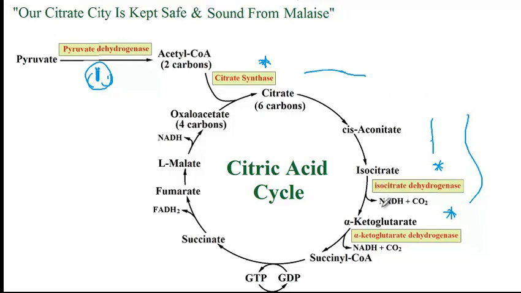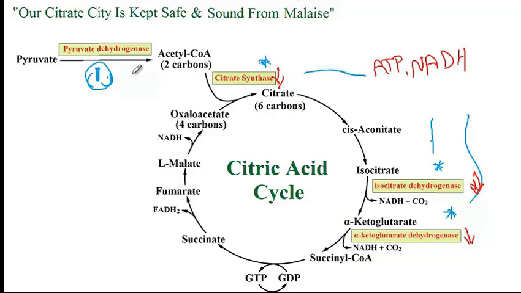But if we have a high concentration of the products of the citric acid cycle, then this cycle needs to be inhibited. And these products include, for instance, ATP and NADH. If you have high concentration of these molecules, then the activity of these enzymes will be decreased.